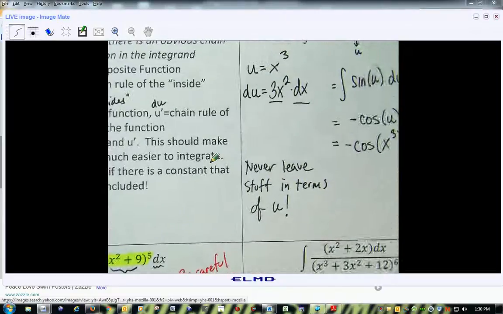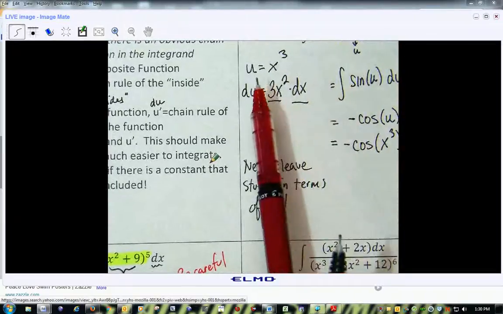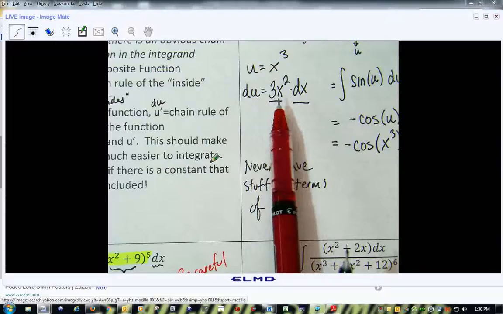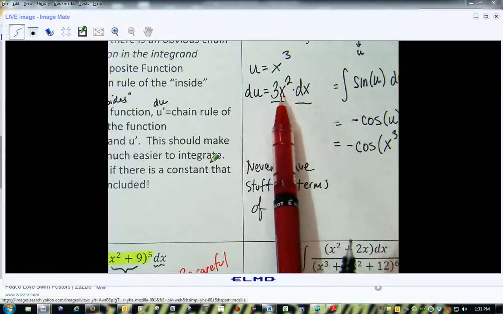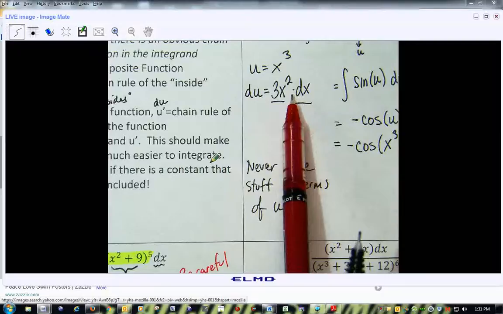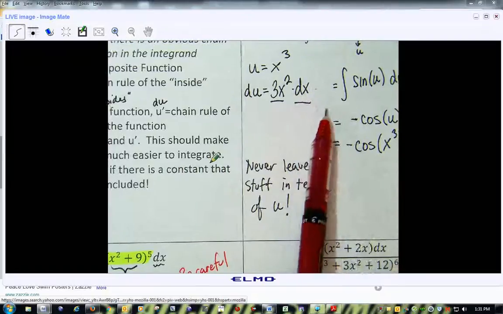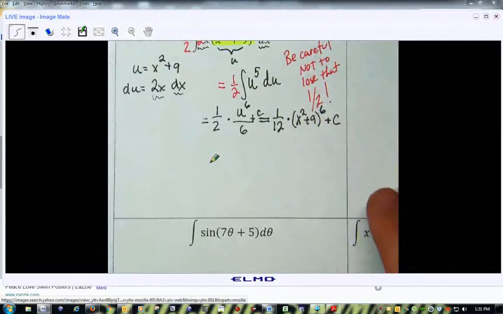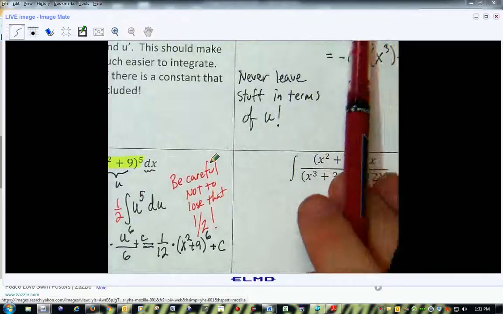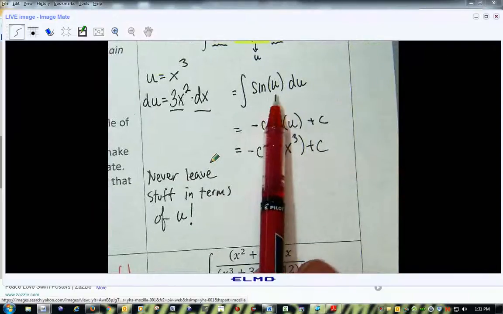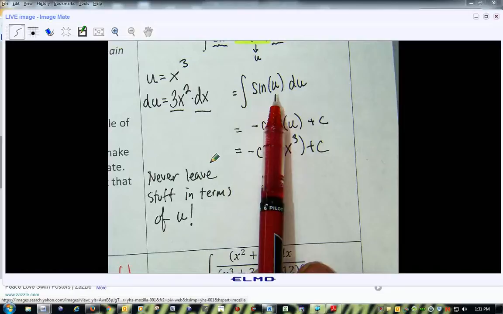u is x cubed, du was 3x squared. Because it was the sine, it was basically taking like the sine of x, which we have a rule for. Right.